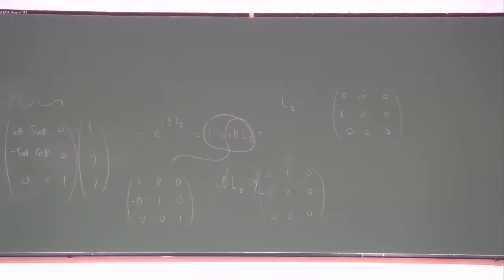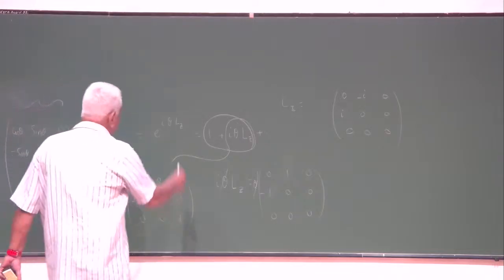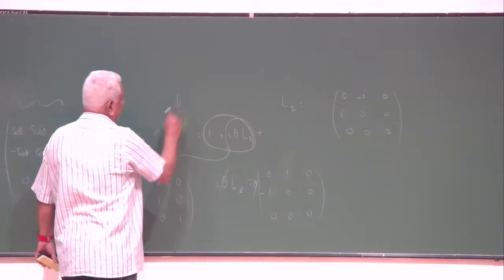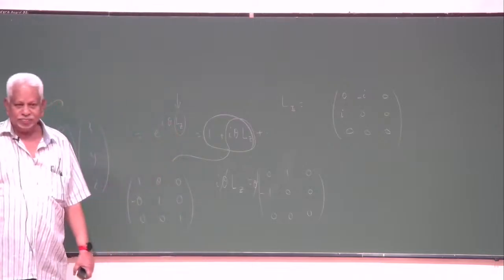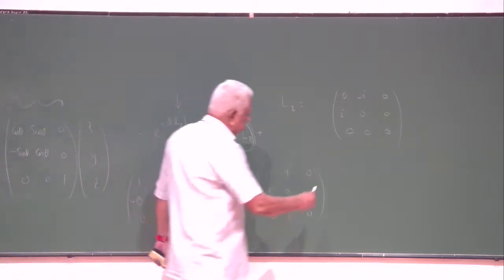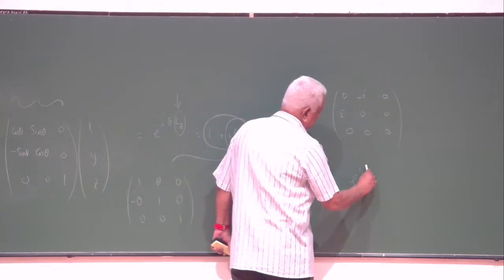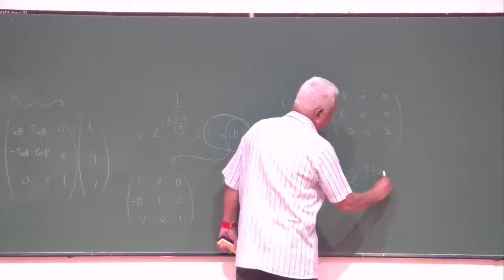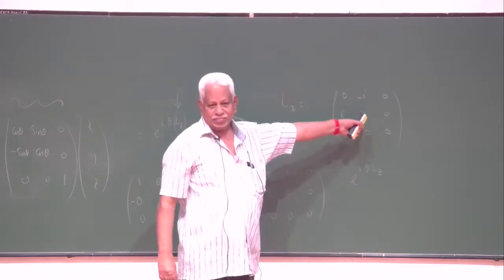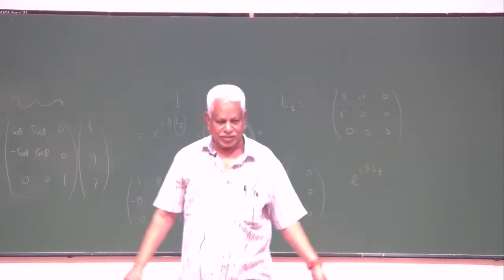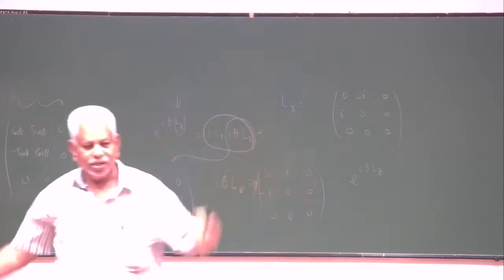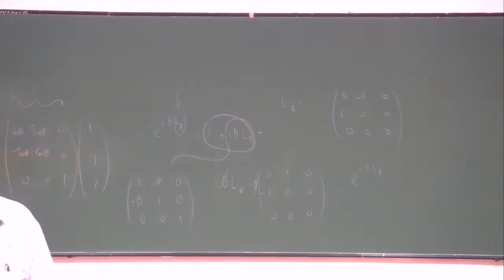Now, if you know that matrix, I can substitute it here, which means e to the power i theta Lz, where Lz is this matrix. You have found out what Lz is. So, you simply write the exponential of that matrix.